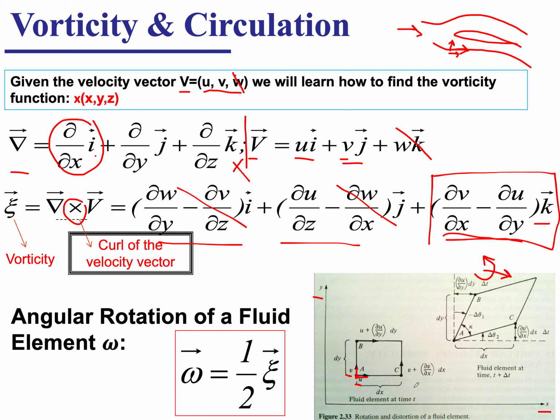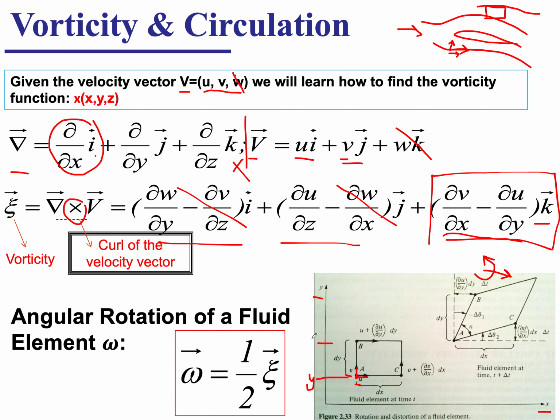And because this velocity field is varying, this would be my fluid element, and there are different streamlines around it. So because of the velocity field, I expect to have changes in the velocity. So that's at location y.